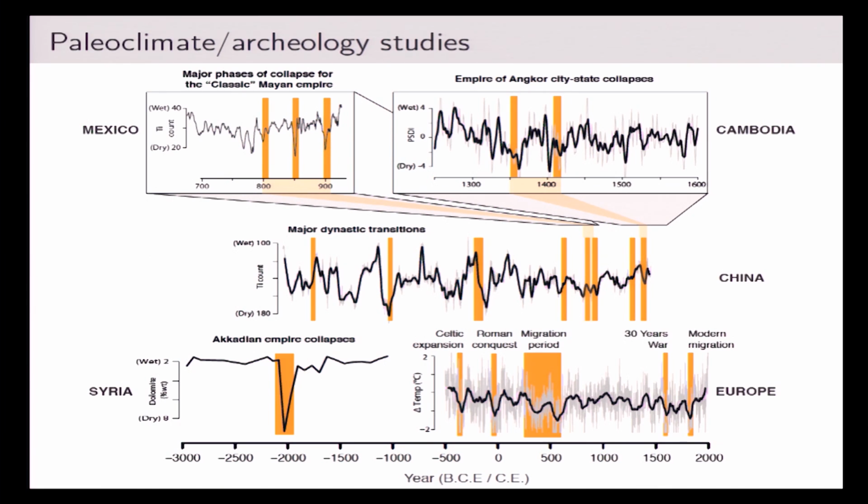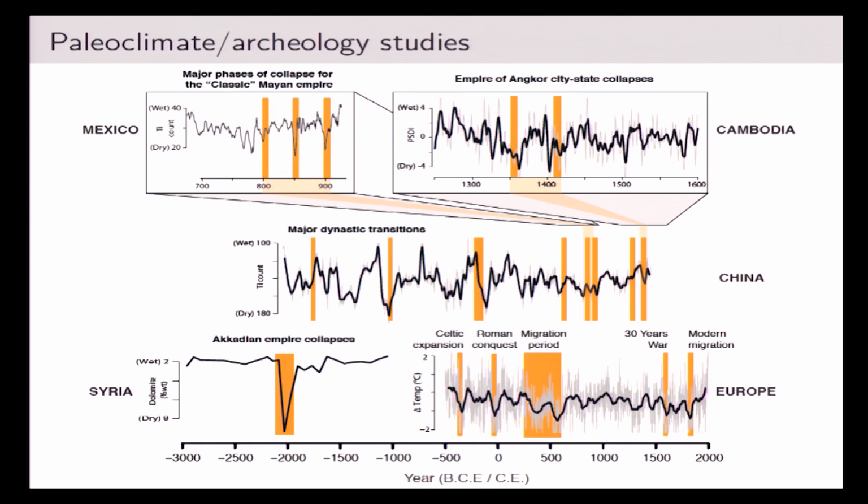Interestingly, one of the bars on the right is the collapse of the Tang Dynasty, which coincided with the collapse of the Mayan Empire on the opposite side of the Pacific Ocean, and it looks like it was a related climatic event which caused drying on both sides of the Pacific Ocean simultaneously.